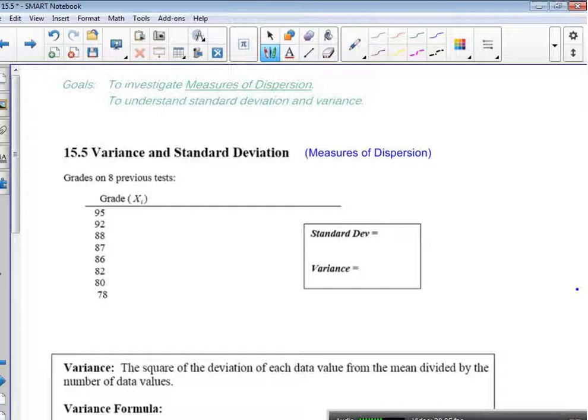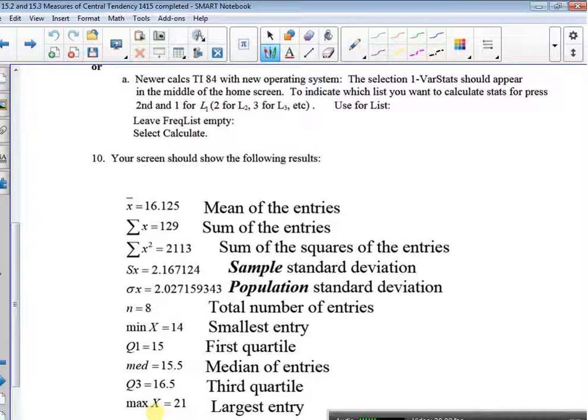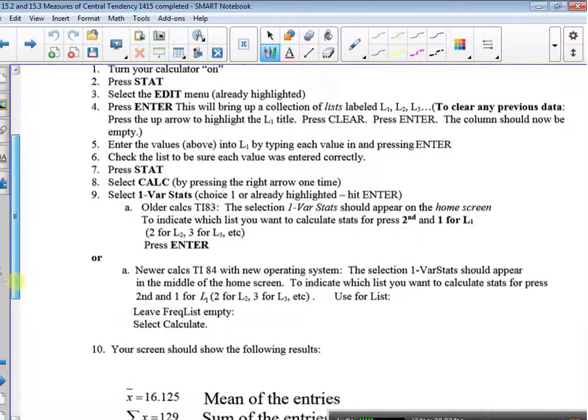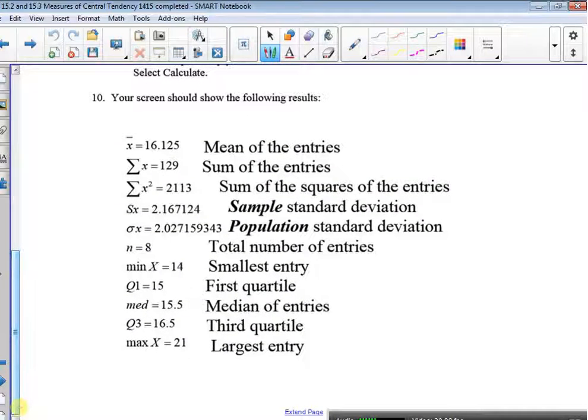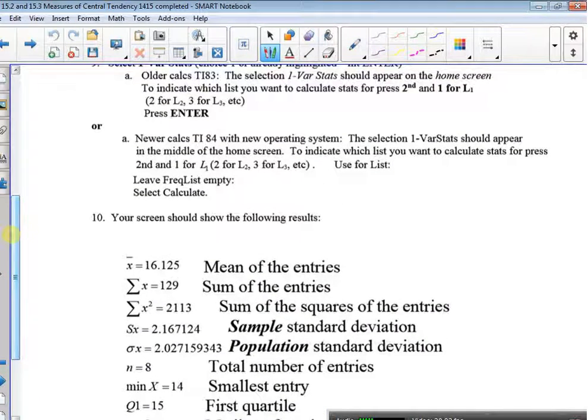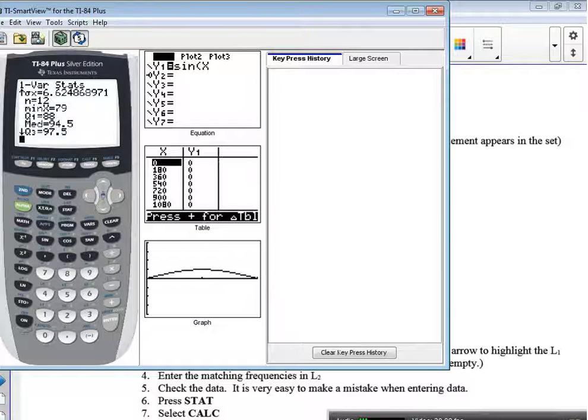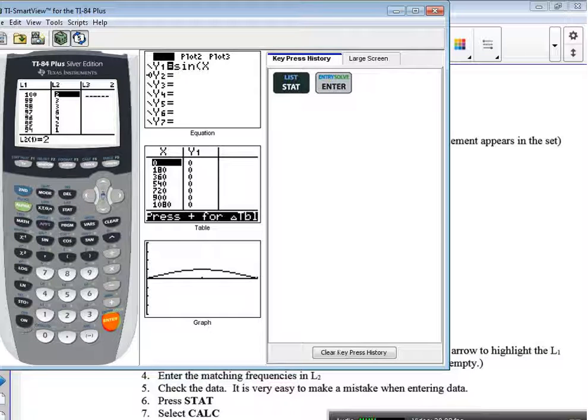So let's calculate the standard deviation using the calculator. You might want to refer back to the notes from 15.2 and 3 that talk about how to clear lists and how to enter the values into your calculator. So this is really what I'm using. Okay, let's get that calculator up. I'm going to go back to Stat and Edit, and I'm going to clear out my lists.